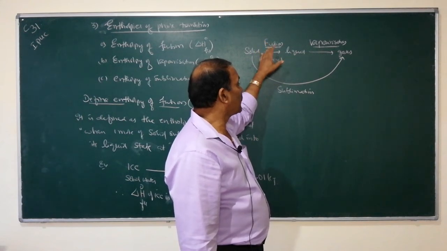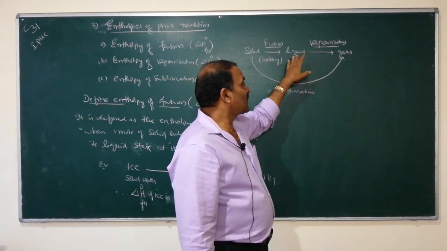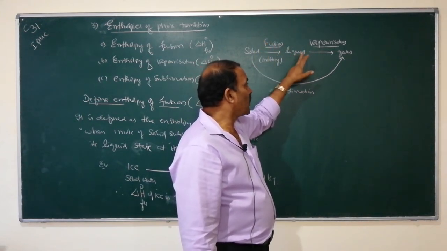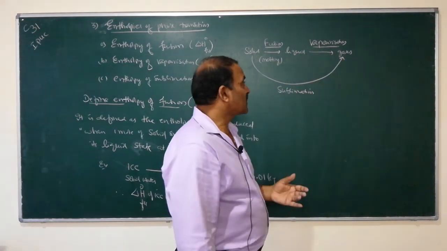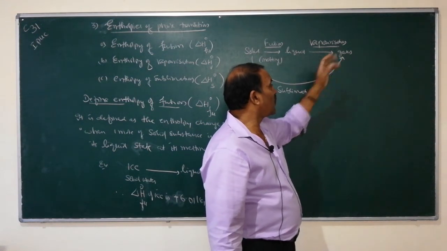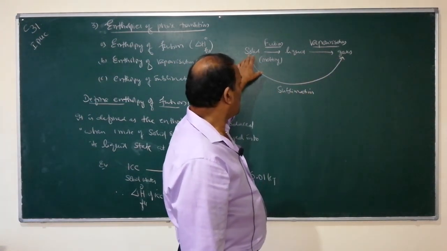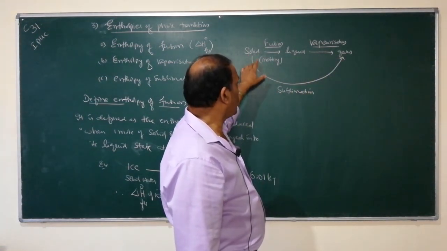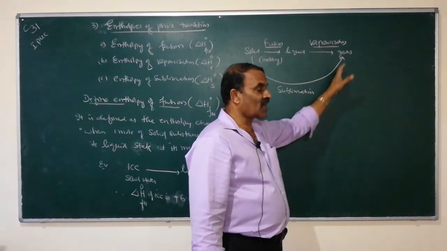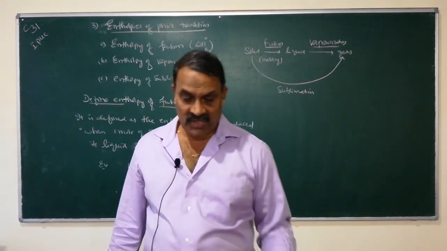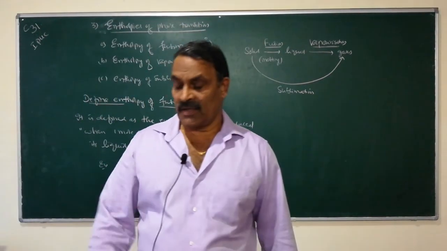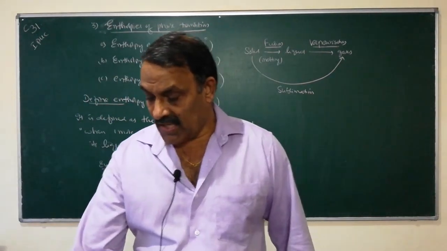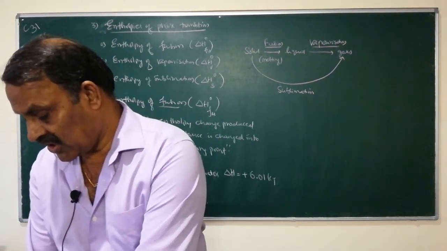Vaporization, enthalpy change produced when 1 mole of liquid substance is converted into its vapor state at its boiling point. Here, enthalpy change produced when 1 mole of solid substance is directly converted into its vapor state at any temperature below its melting point is called enthalpy of sublimation.